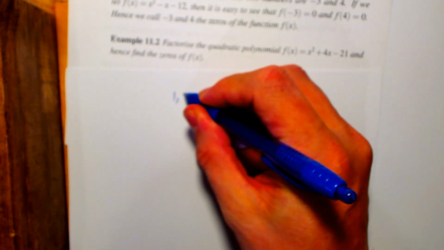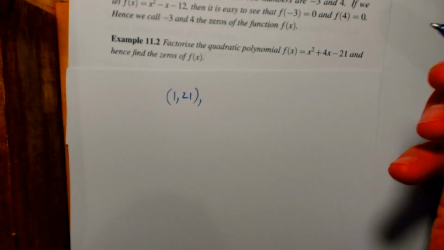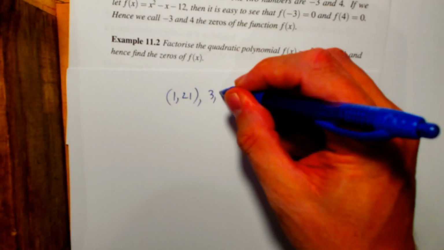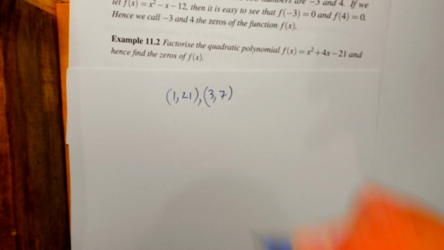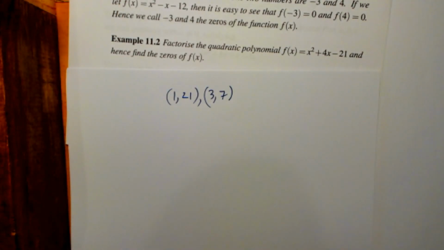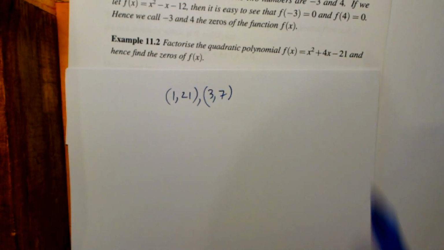We have 1 and 21, and we have 3 and 7. There are no other divisors up to swapping around, and we don't need to swap around when we list the divisors. So the question is, do any of these have a difference to give us 4? And yes, it's the second one.